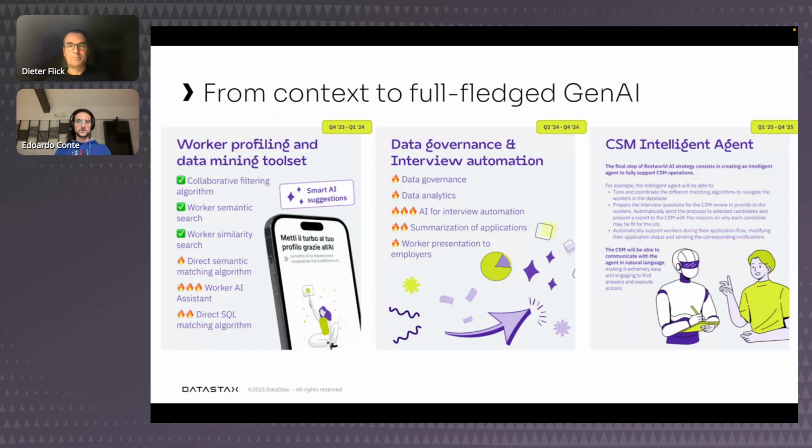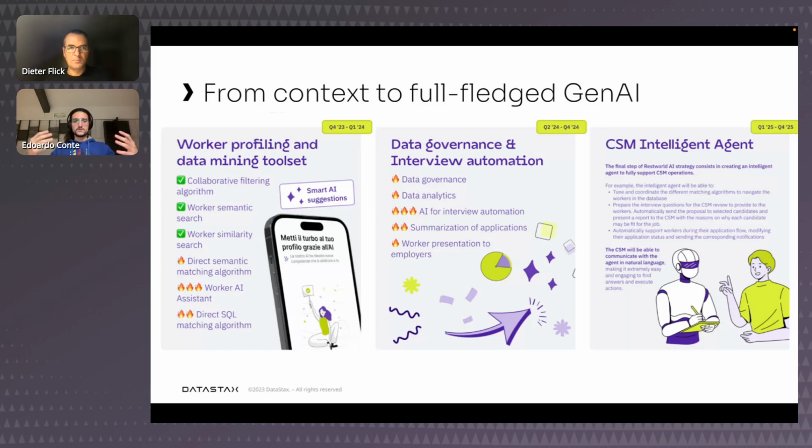Because the interviews that we're going to submit to the workers are going to take into consideration the context of the job position for which this worker has applied and the context of the worker. So what kind of requirements are maybe missing, what kind of requirements are really unknown or not really certain, and so on. What other people did in the past that really worked out for similar job positions, and so on. So we can really be fancy about exploring the data.